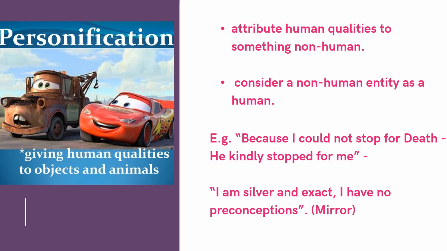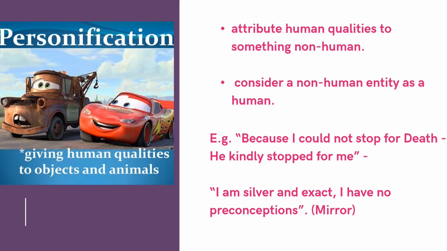Because I could not stop for Death, he kindly stopped for me. This is a poem written by Emily Dickinson, and here she is telling about death. In the first line, she says, because I could not stop for Death. And in the next line, she has to address death by using a pronoun.